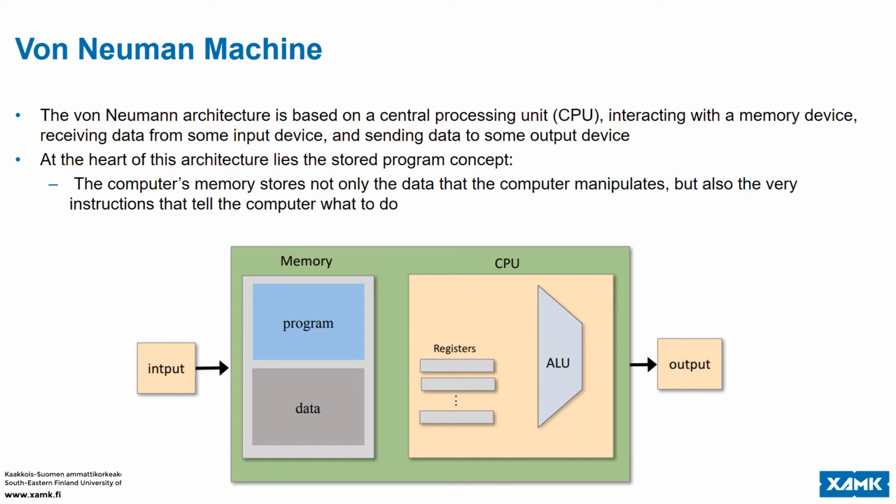Of course, in practice, modern CPUs are more complicated than this, but the basic principles still apply. The computer's processor still consists of some processing unit and some memory, and in the memory we have both program code and the data that these programs manipulate.